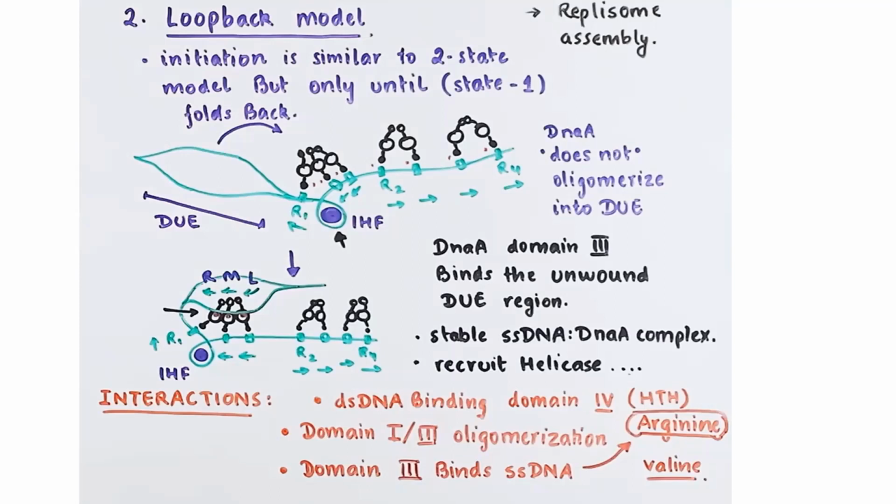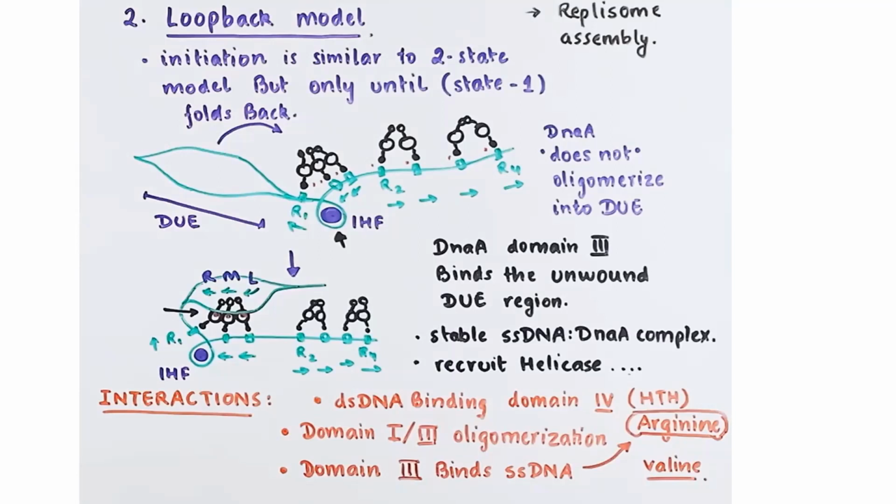This means the single strand from the DUE contacts the DnaA which is present on the DnaA-box side, and this contact means that domain 3 of this DnaA is associated with the DUE region while it is bound to the DnaA-box at the same time.